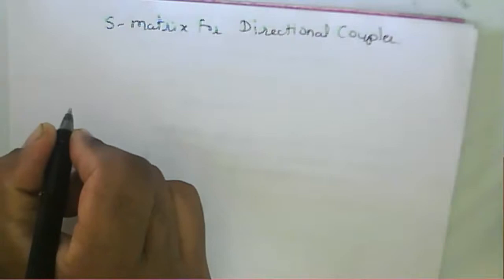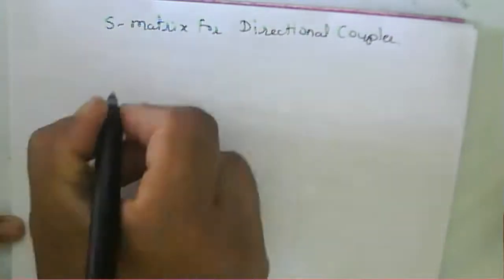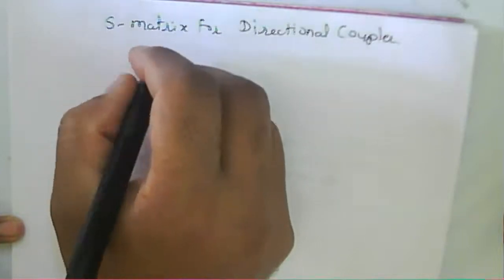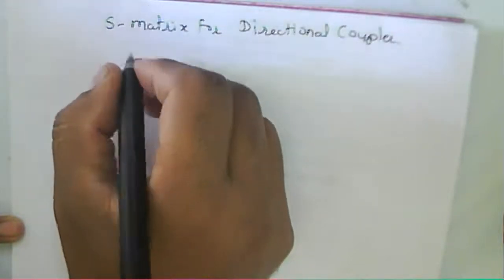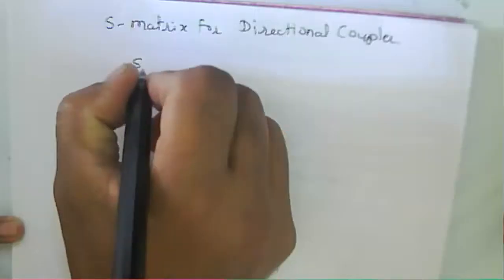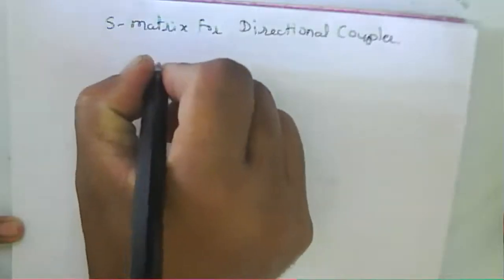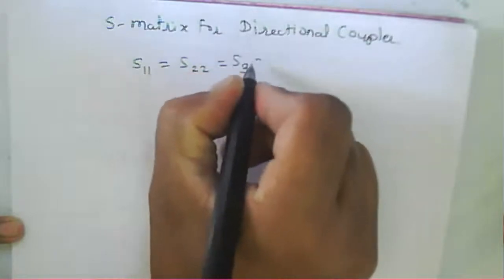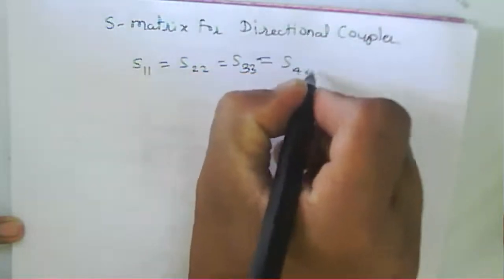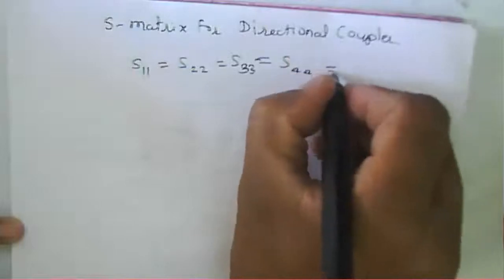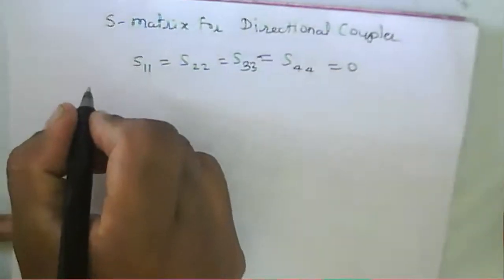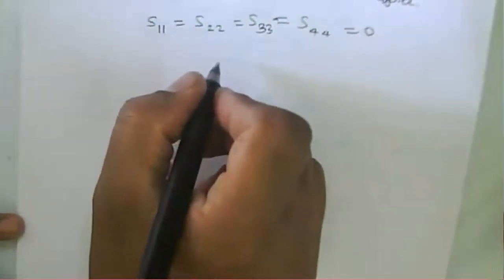If you consider that each and every port is matched, then S11 is equal to S22 is equal to S33 is equal to S44, and all these are zero. This means in the S matrix, the diagonal components are zero.